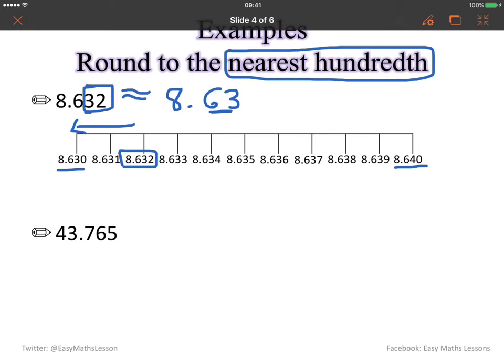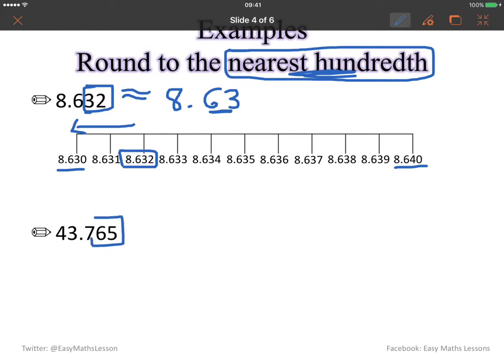For my second question on this slide, I have got 43.765. I still need to round to the nearest hundredth.